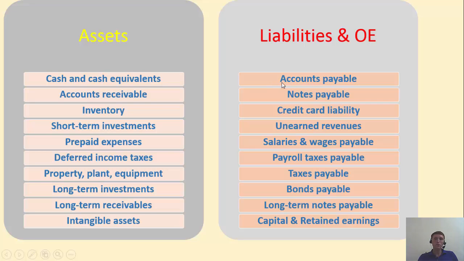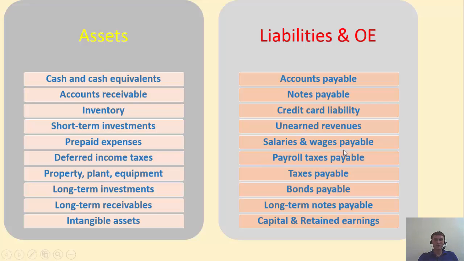That's again the money you owe to your suppliers. Notes payable. That's the value of the credit money that you owe to different banks, for example, or other credit institutions. Credit card liability. Unearned revenue. That's the money that your customers paid you in advance.